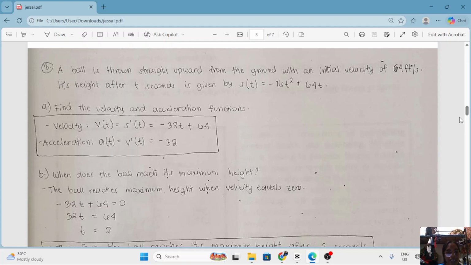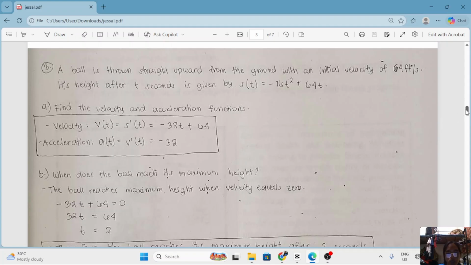So our A, find the velocity and acceleration function. So our velocity is v of t is equal to s prime of t, that would be negative 32t plus 64. And our acceleration is a of t is equal to v prime of t is equal to negative 32.